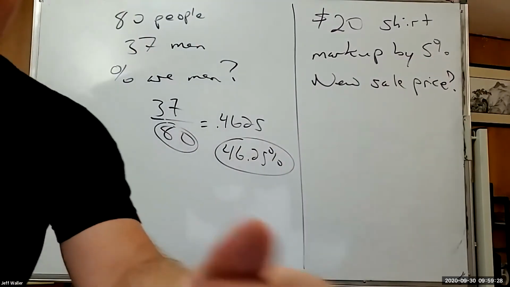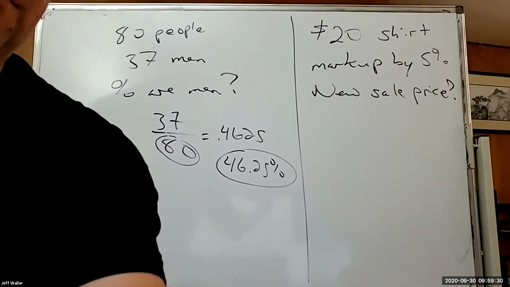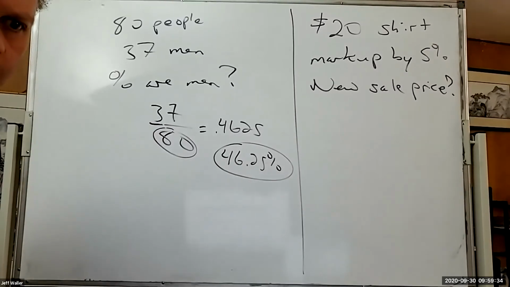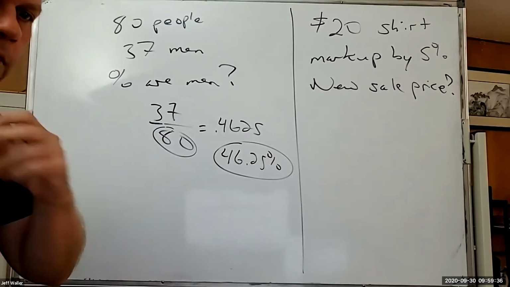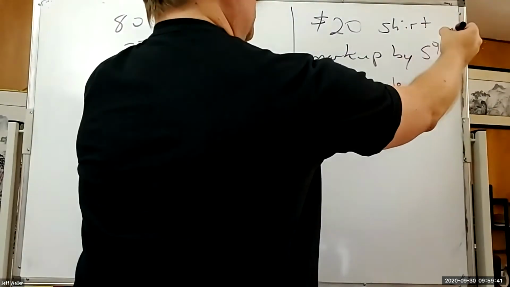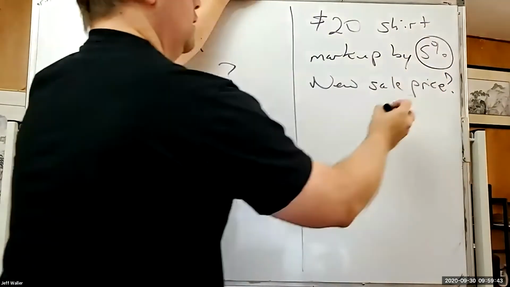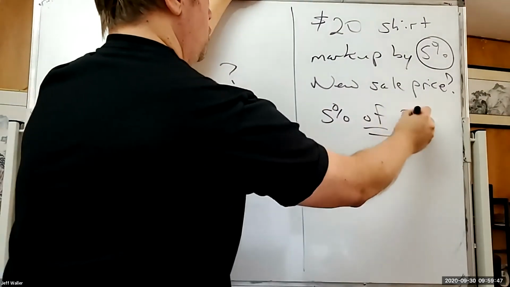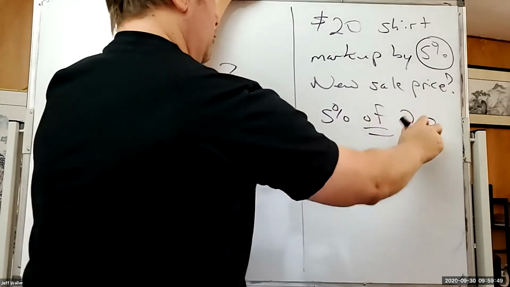So this is actually an old problem. We've done this kind of problem before. I'm going to mark it up. $21? So how would you do this? You could do it in steps if you forgot the shortcut. So I need to do 5% of 20, so 5% of the original.